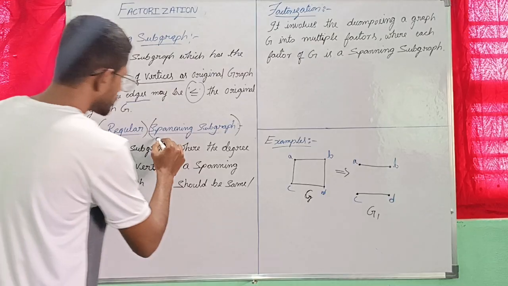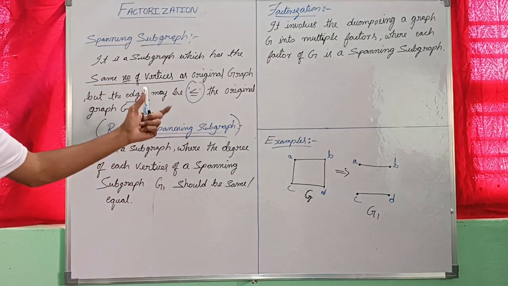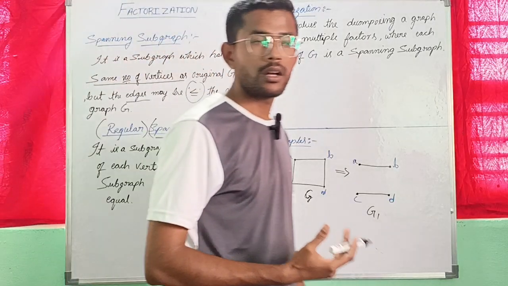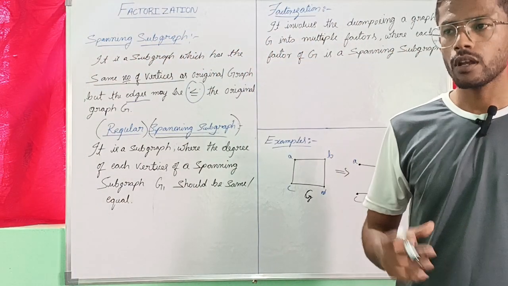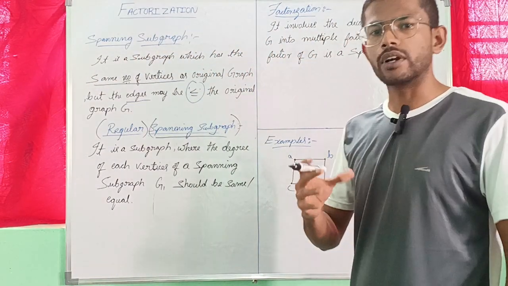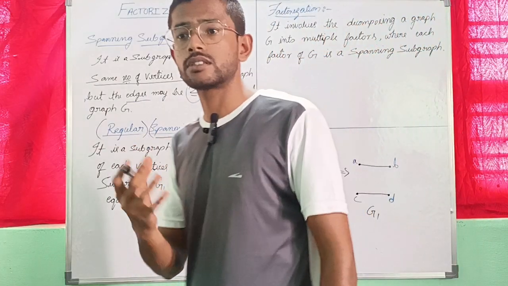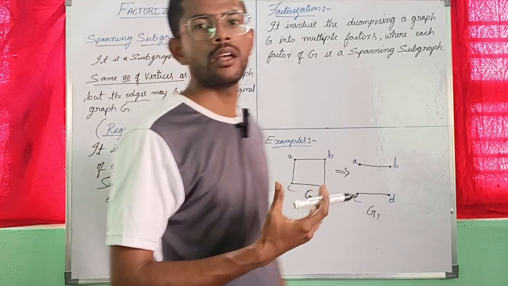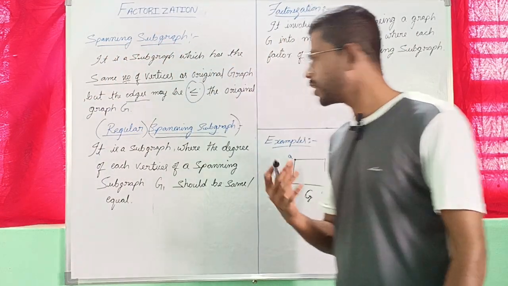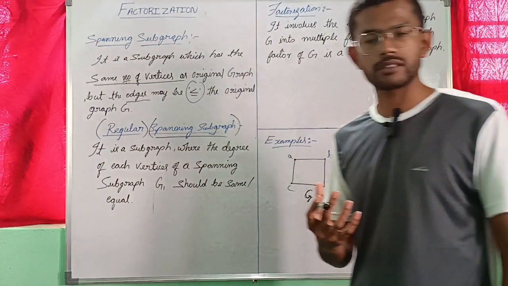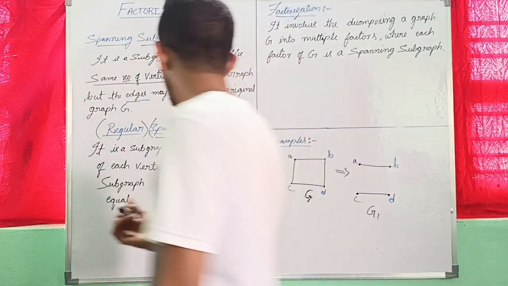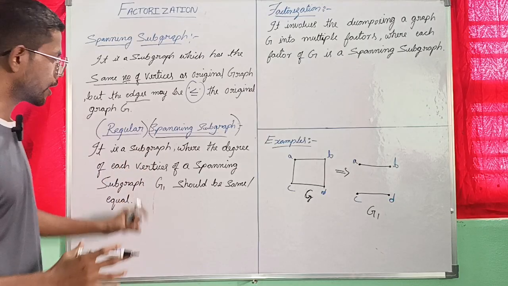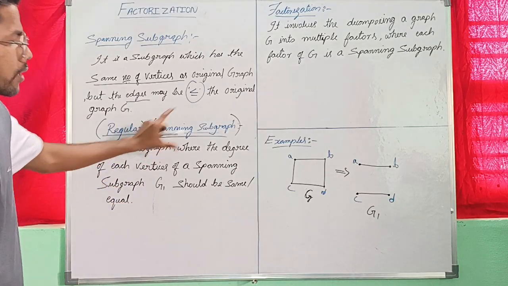We are already aware of the spanning subgraph, but what is a regular graph? A regular graph is one where the degree of each vertex of the graph is equal, or the same. By combining these two definitions, we can define the regular spanning subgraph.